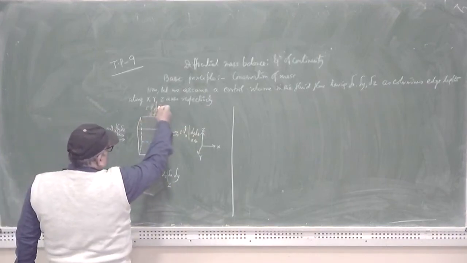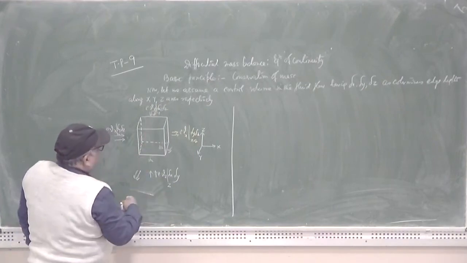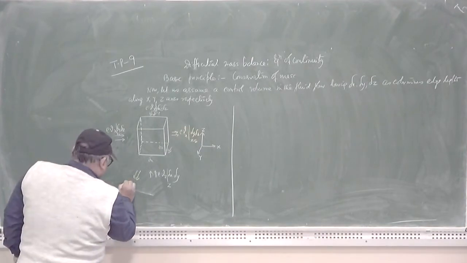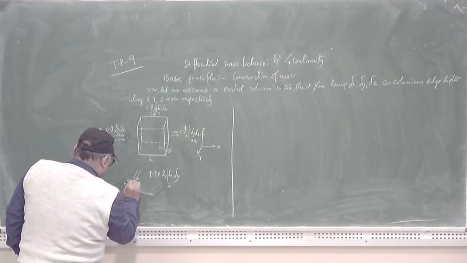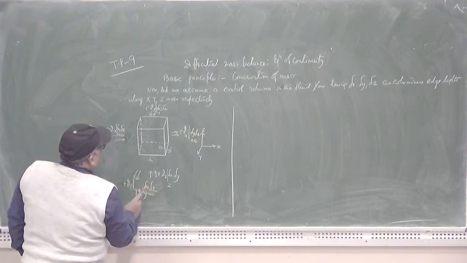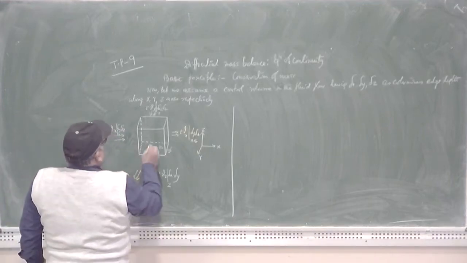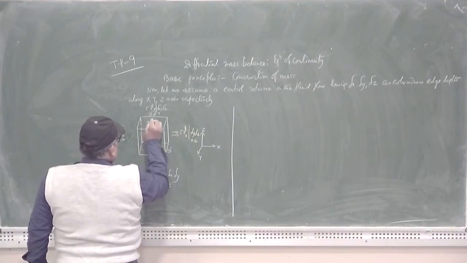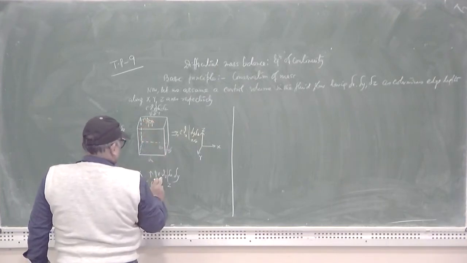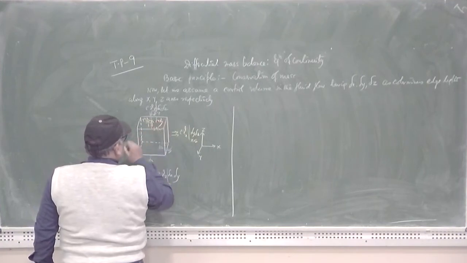Similarly, for the fluid mass flowing along the y axis, the quantity of fluid mass leaving this control volume will be rho Vy evaluated at y plus delta y, into delta x delta z. And similarly along the z axis, it should be rho Vz evaluated at z plus delta z, into delta x delta y.